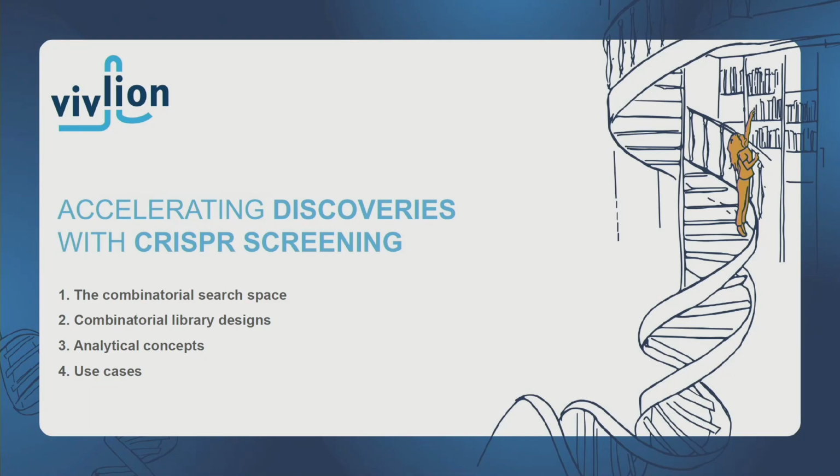The third part, which I think is highly underappreciated because we take computational biologists for granted, is the analytical concepts behind good hit calling. And the fourth part is a snippet on how we use this in my own lab to identify combinatorial phenotypes.